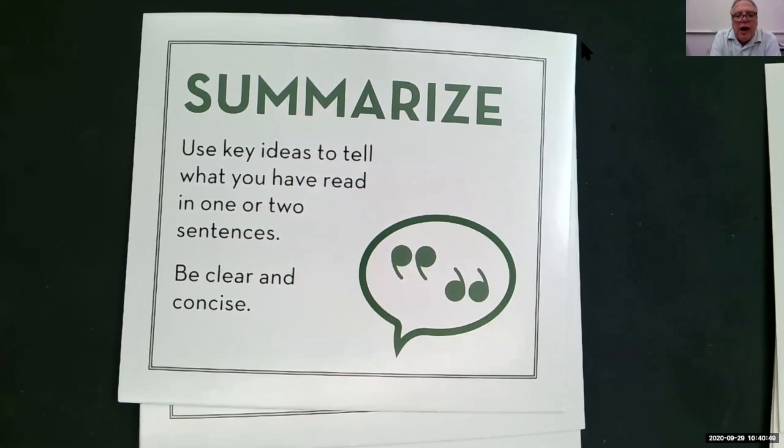Use key ideas to tell what you've read in one or two sentences. Be clear and concise. What does the word concise mean? It means to be brief. Don't add a lot of detail, just get at the heart of the matter, okay?